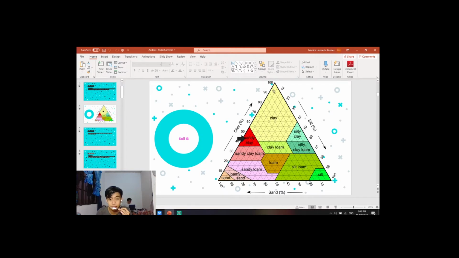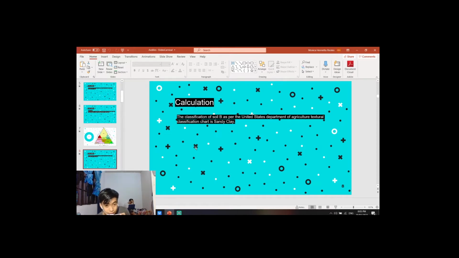Then 40% ng clay. So makikita natin yung soil B natin ay nasa sandy clay. So the classification of soil B as per United States Department of Agriculture Textural Classification Chart is sandy clay.